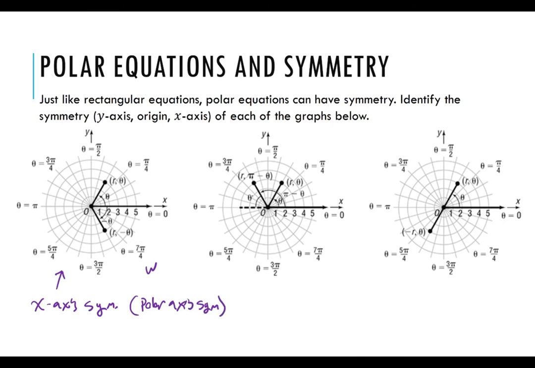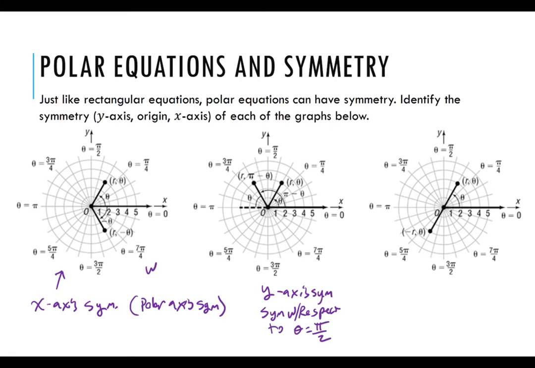Okay? Now this next one, well, this one is y-axis symmetric, right? And so what we're going to refer to this one as is symmetry with respect to theta is equal to pi halves, because that's really describing the y-axis.